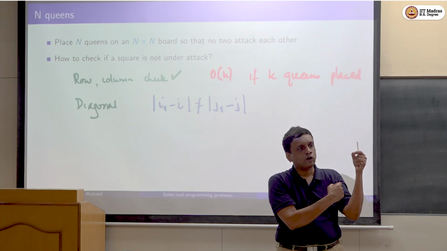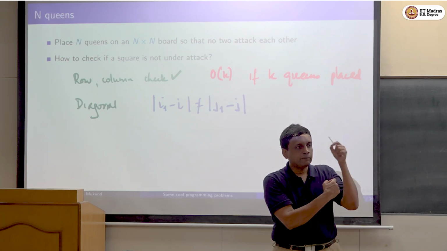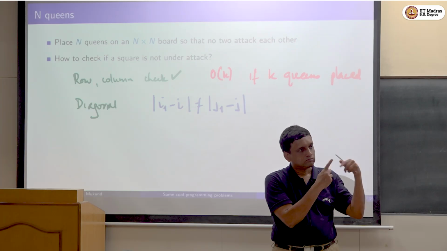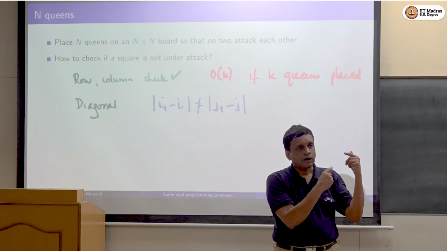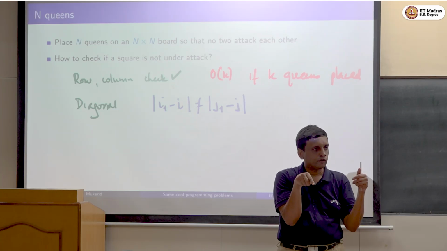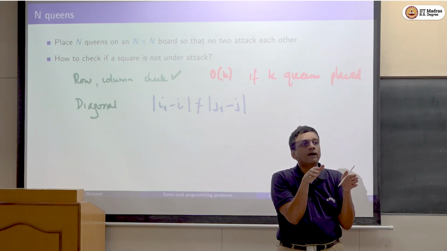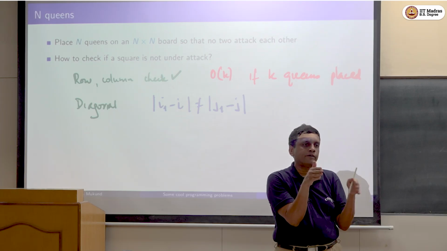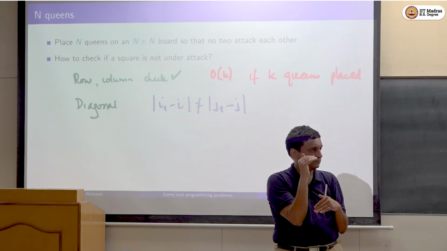So how many rows have I gone across? It is the difference between my row and that row, I1 minus I. It could be above or below, so you take the absolute value. How many columns have I gone across? It could be this way or this way. I could have gone left or I could have gone right. But again, I want to check that the new column and the old column difference is different from the new row and the old row difference.